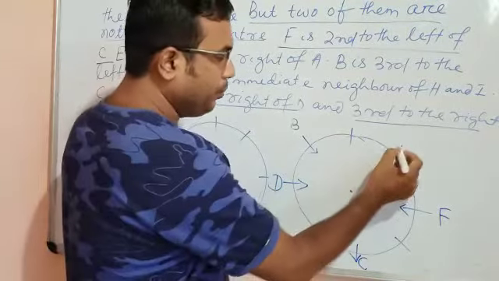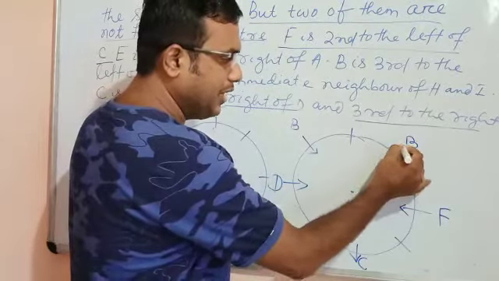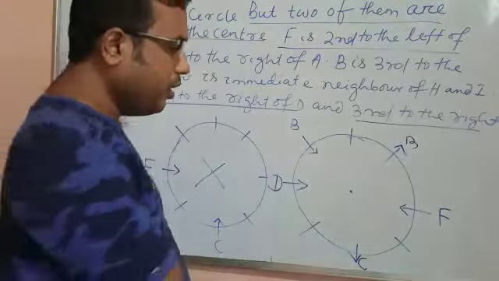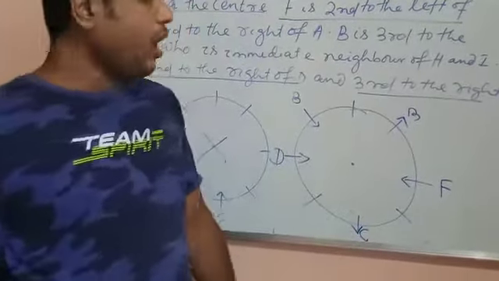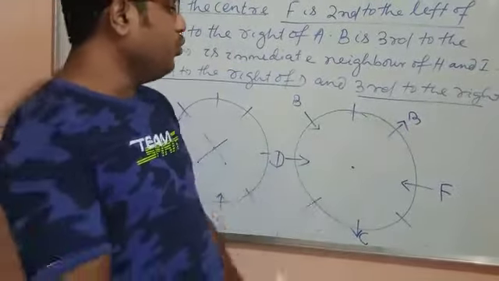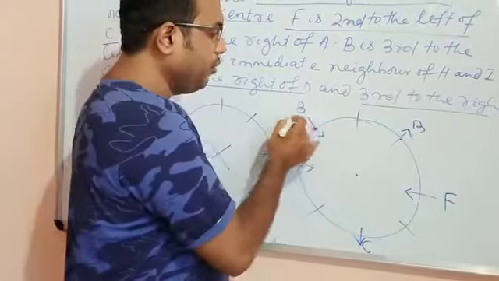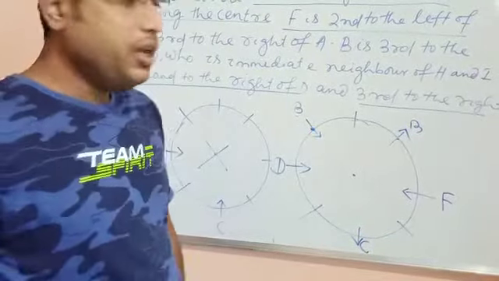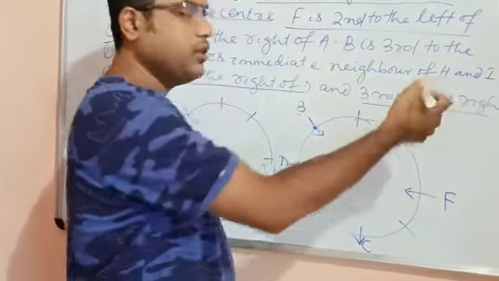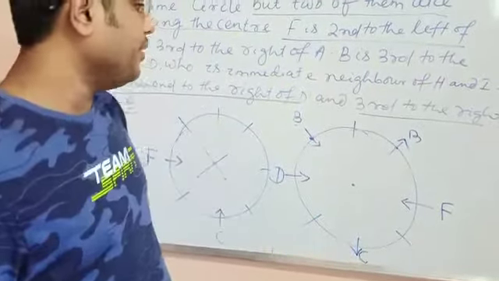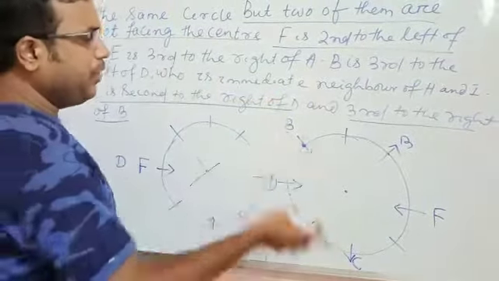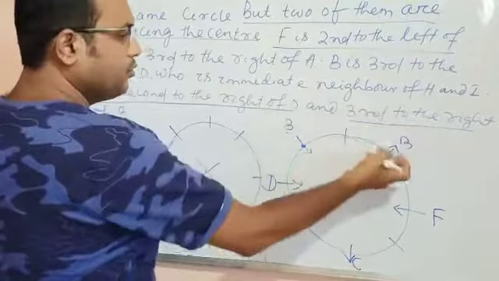And if you put B here and facing outside, 1, 2, 3. So now for B, two positions are possible, this position or this position. If this position is applicable, B is facing toward the center. If this position is applicable, B is facing towards the what? Outside, right? So B may be here, or B may be here.